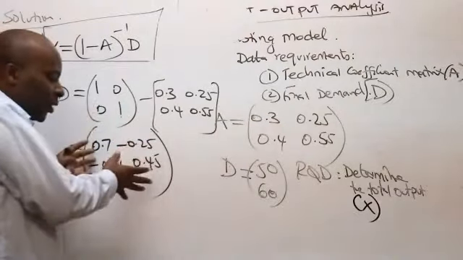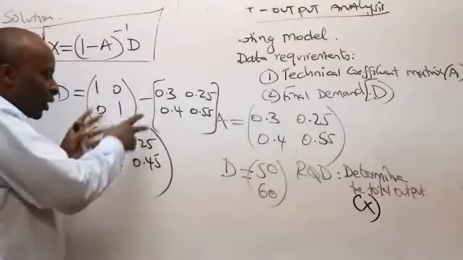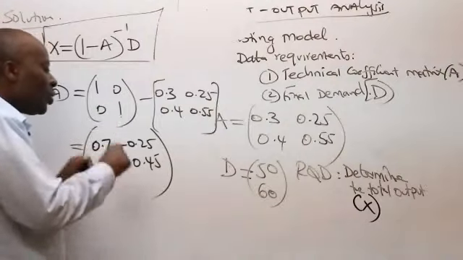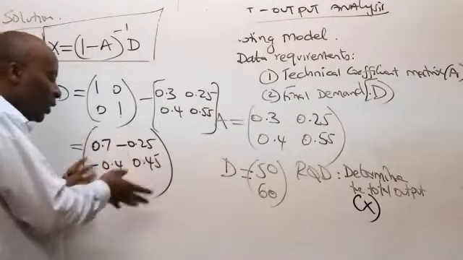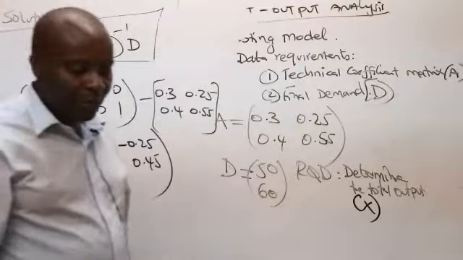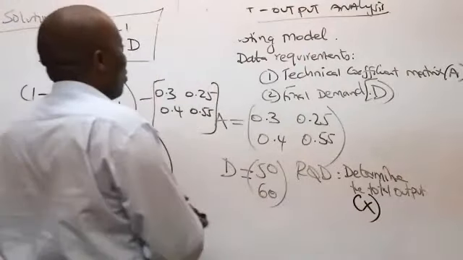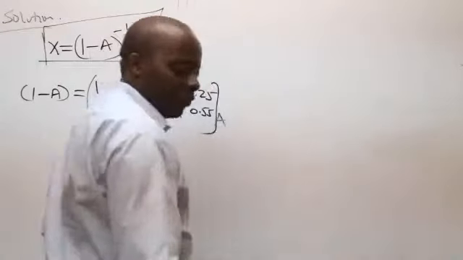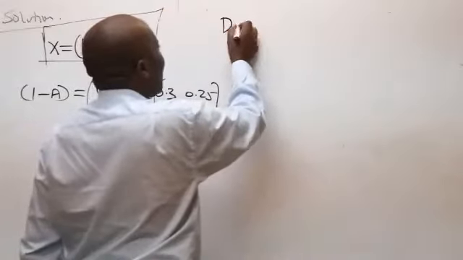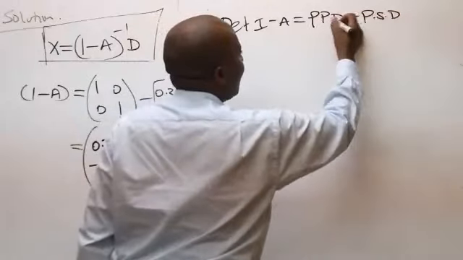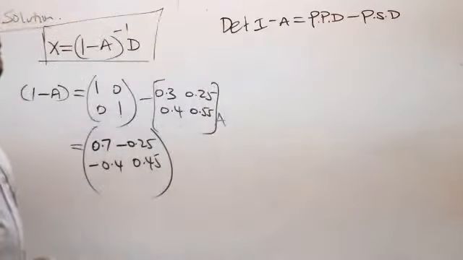We are getting the inverse of I minus A, the result of our subtraction here. So in the inversion spirit, I would want you to give me the determinant of I minus A. Remember, it is PPD minus PSD, the product of the primary diagonal minus the product of the secondary diagonal.